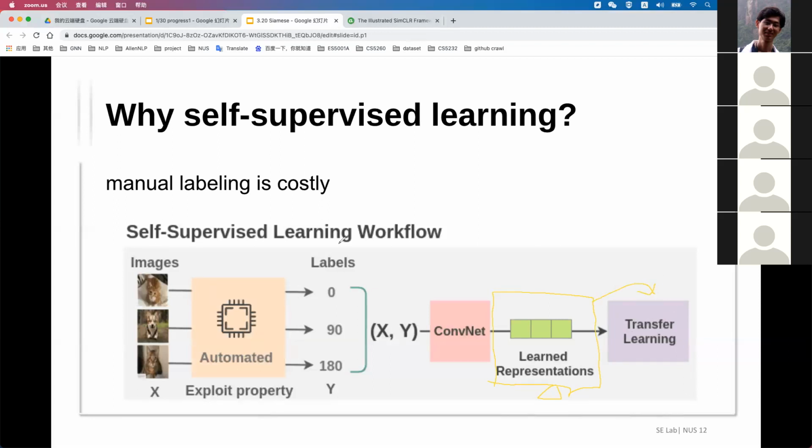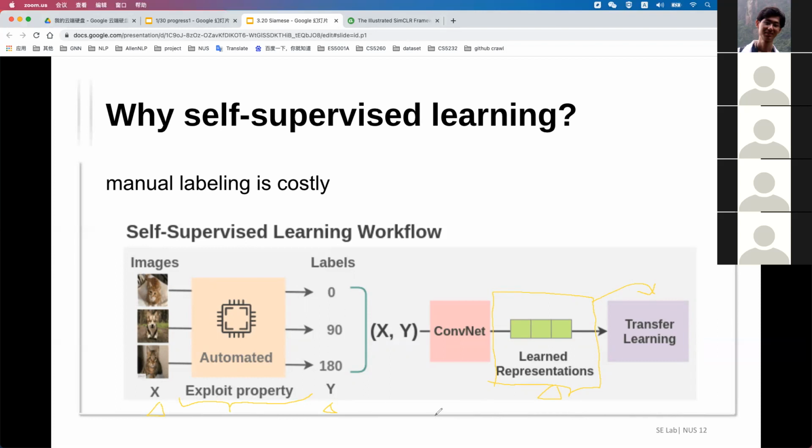Okay, so for the colorization task, you have the clear label and the clear data set. But supervised learning does the same, right? Suppose I just change this one, remove the self-supervised into supervised. It does the same, right?